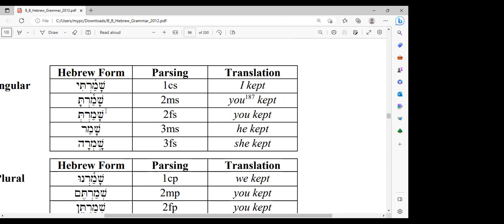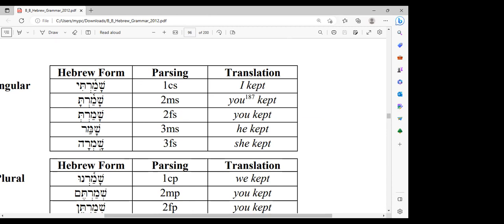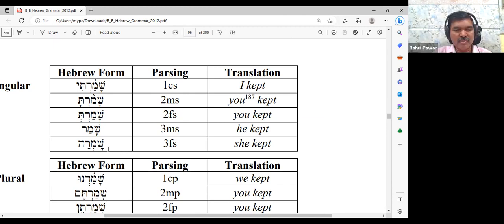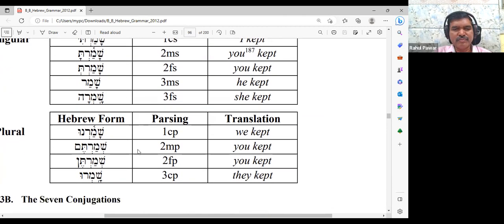Shamart, you kept, but this is feminine, second person feminine singular. Then shamar is he kept. Then shamera is she kept, third person feminine singular.